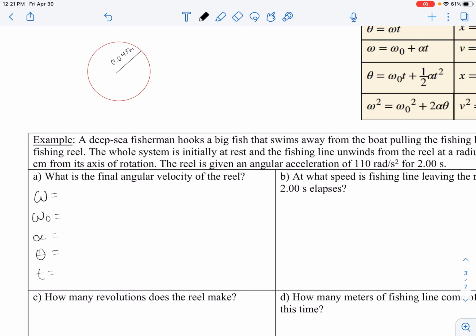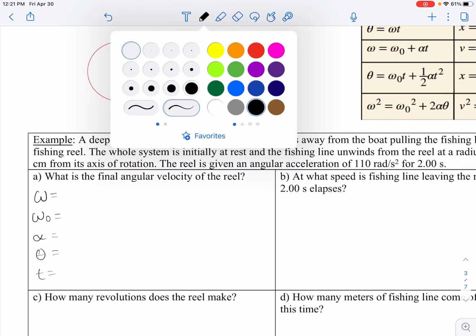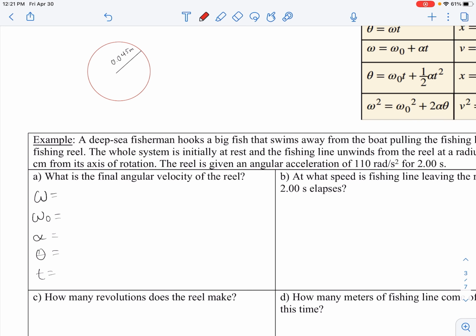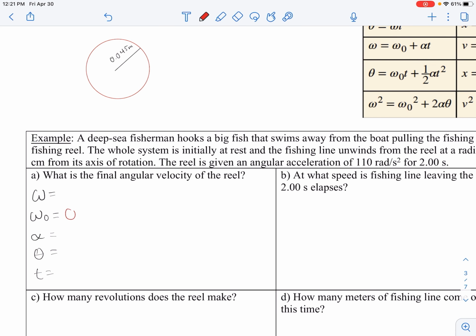What's the time? And just like in kinematics, we start by establishing what we know. We know it starts from rest. We know the angular acceleration is 110 rad per second squared. And we know that time is 2 seconds. And here we can establish what it is we're actually trying to find out.